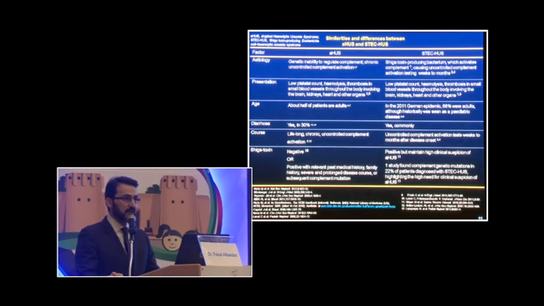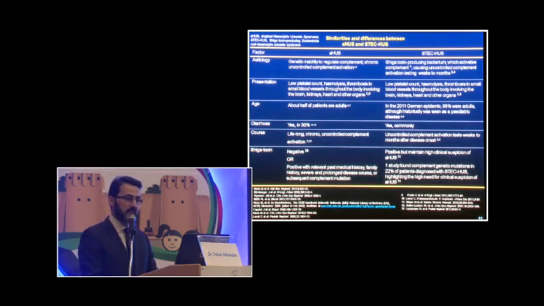What about the diarrhea? The typical STEC HUS is preceded by diarrhea. But also remember that even in atypical HUS, you might still have diarrhea in 30% of these children, as we will discuss in the cases that I'm going to present.